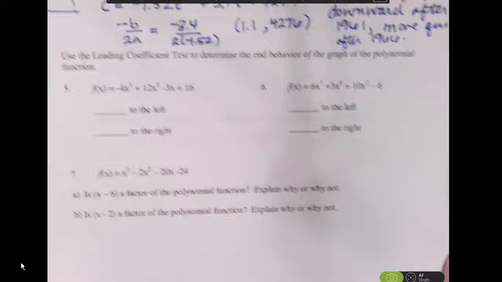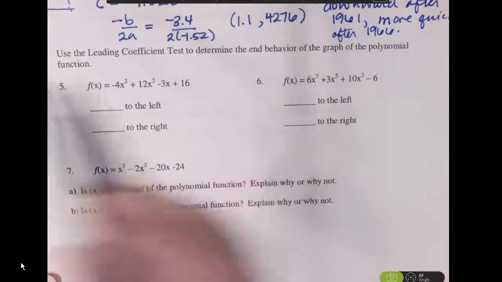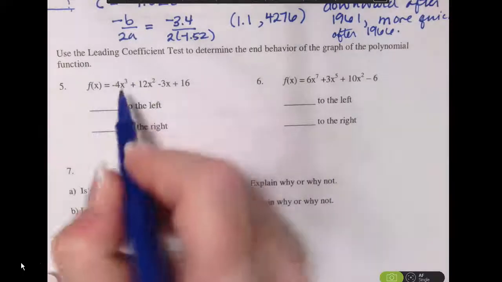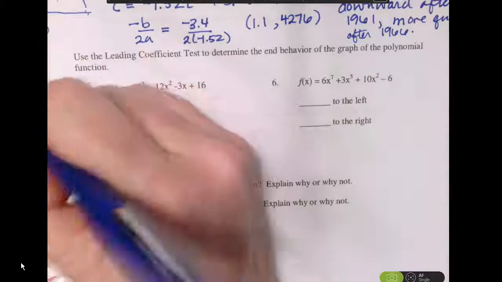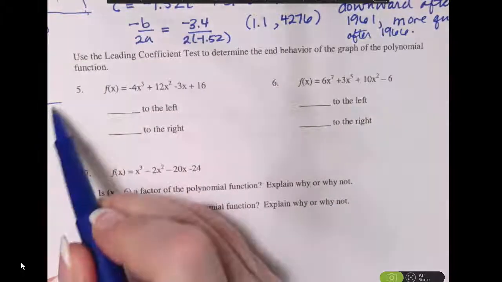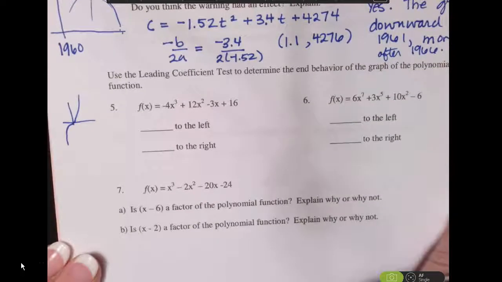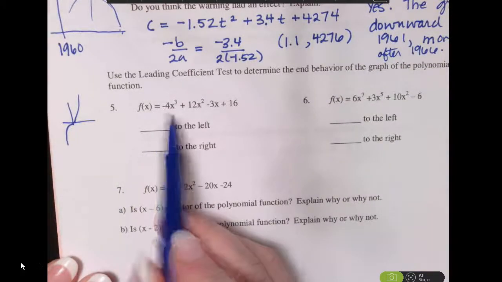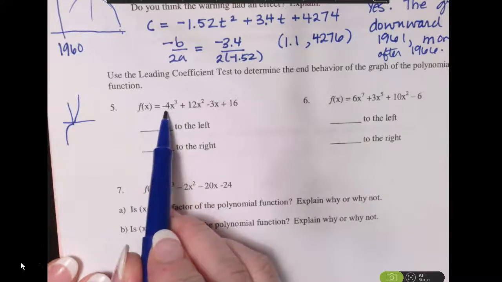So numbers 5 and 6, we need to use the leading coefficient test to determine the end behavior of the graph. So the parent function here is a cubic, so sometimes I like to just, there's my parent, oh, you can't see that, there's my parent, and so my degree is 3, the highest order degree. This is following the cubic.